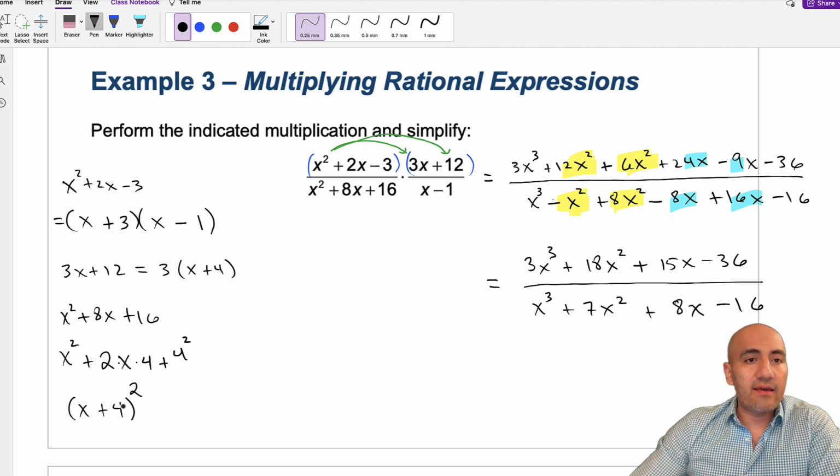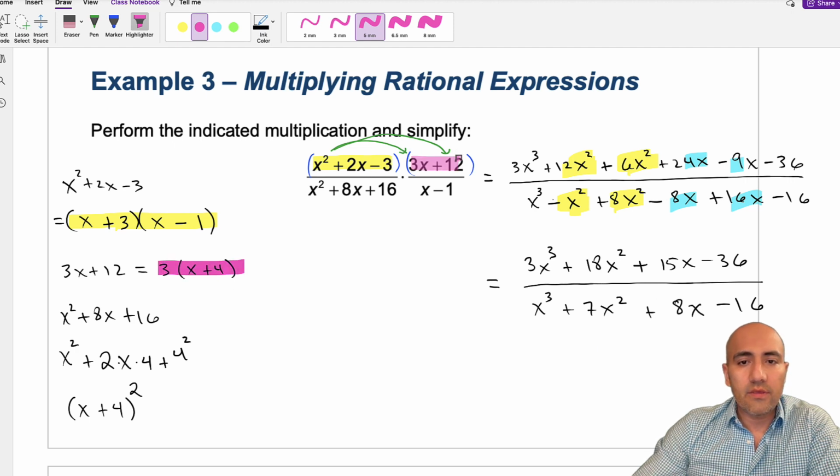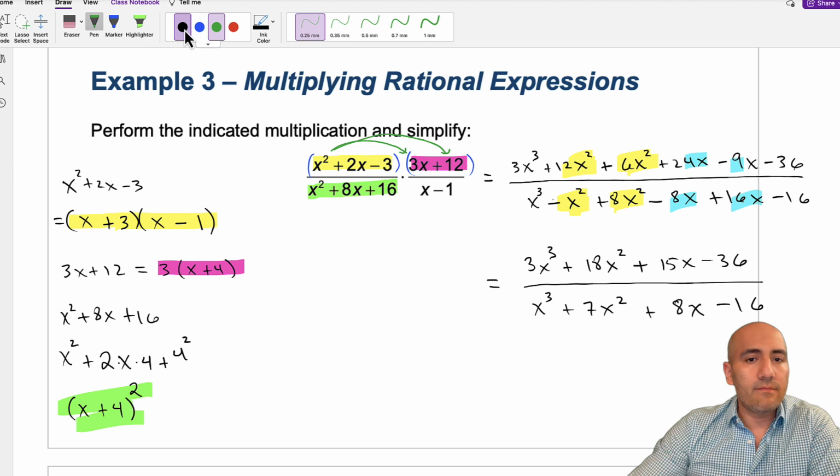Okay, so now that we have all three pieces, well, the fourth one doesn't simplify any further, right? x minus 1. So we have the first one, highlight it right here. This is going to become this, and this one is going to become this one, and this one is going to become this one. Okay, so let me substitute all that in there.